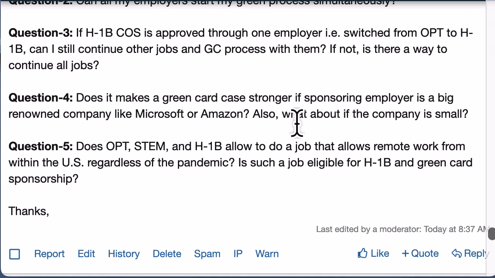So for first year OPT, it's not an issue, but for second year OPT, STEM OPT extension, rules can change. Under the old rules, you could not work remotely, you had to be supervised. But if you could be supervised, then even remote work was not a problem. For H-1B, absolutely no issue, nor is it for a green card.